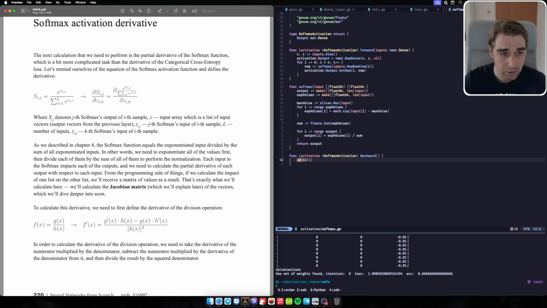With softmax, we take the value and raise e to the power of the value, and then we do the same for all of the values, take the sum, and then we take this one value and divide it by the sum, and that gives us not the normal distribution but a normalized distribution of the values relative to each other.